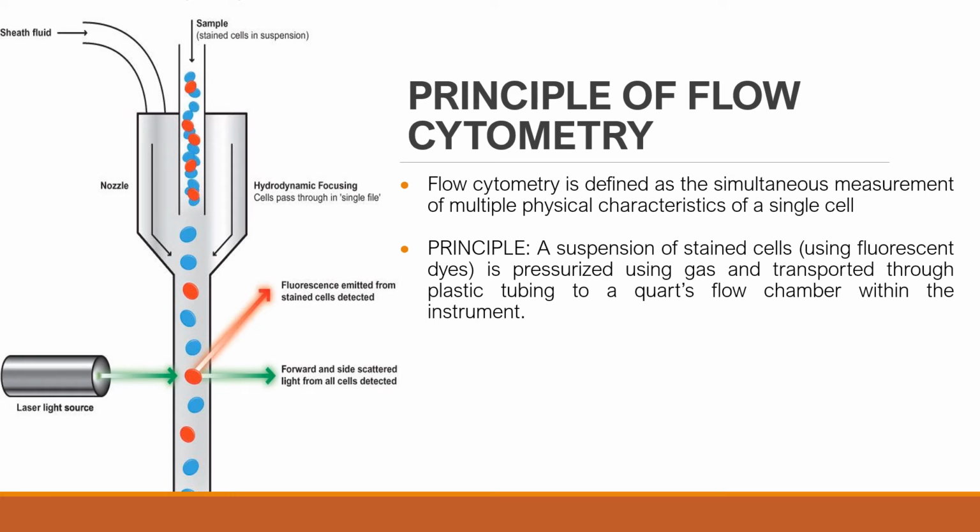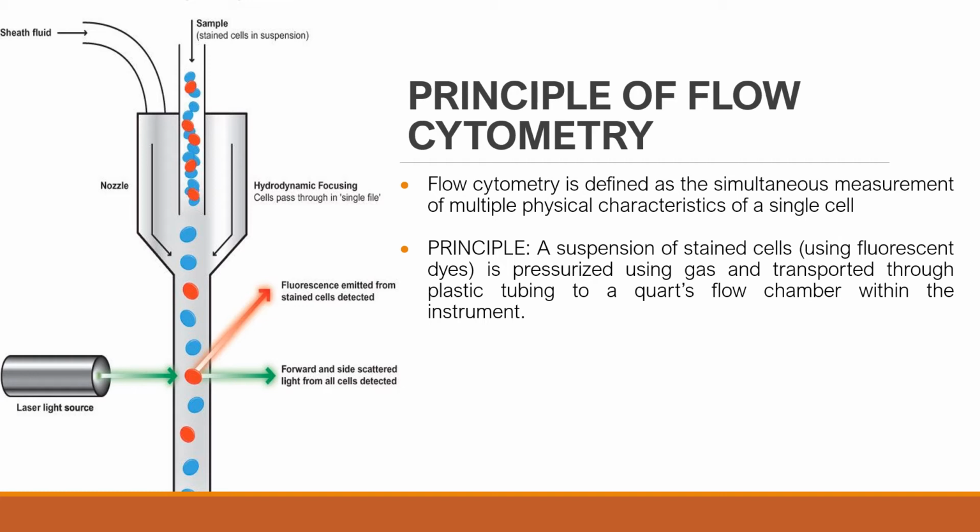In the flow chamber, the specimen is injected through a needle into a stream of physiological saline solution called the sheath. The sheath and specimen both exit the flow chamber through a 75 mm orifice. This laminar flow design confines the cells to the very center of the saline sheath, with the cells moving in a single file.